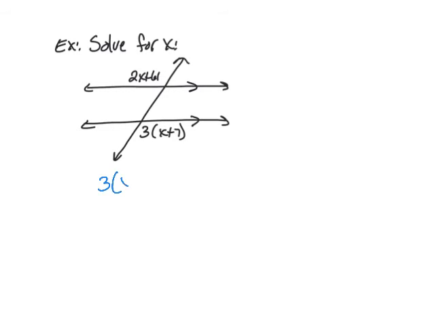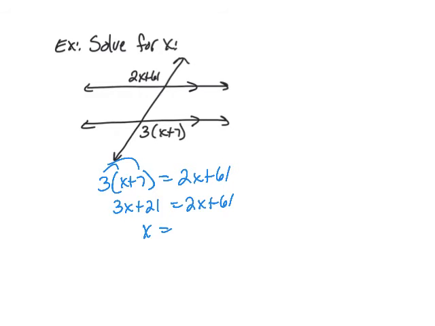You'd have 3 times x plus 7 is equal to 2x plus 61. Distribute the 3. That's equal to 2x plus 61. X is equal to 40, and again, that's all I'm looking for. So in this case, x is going to be 40.